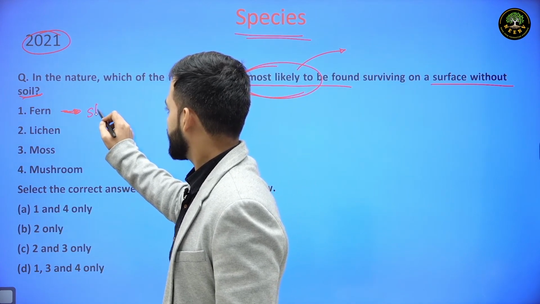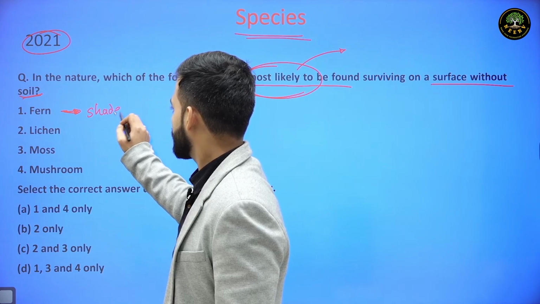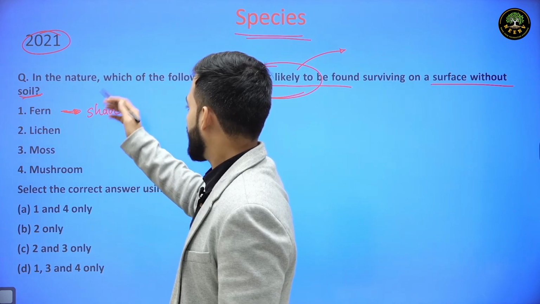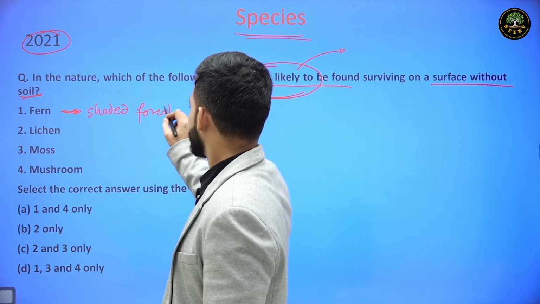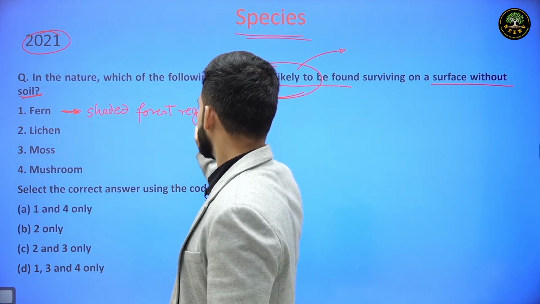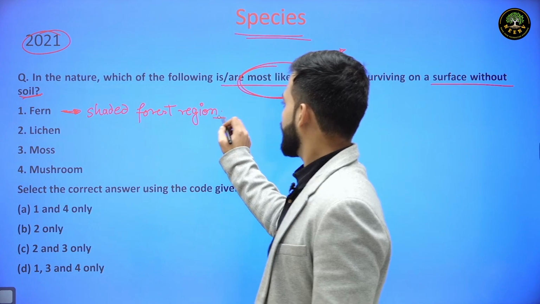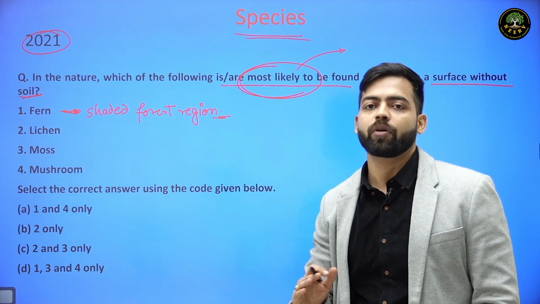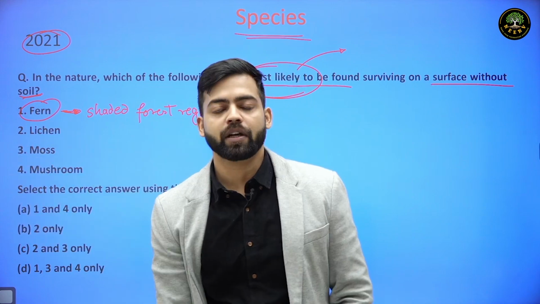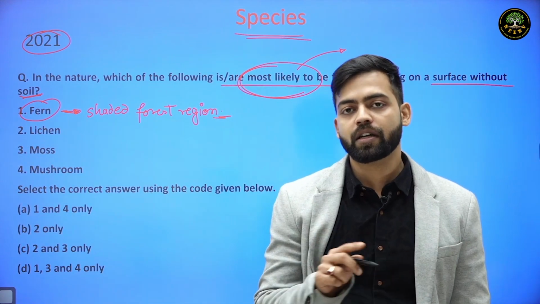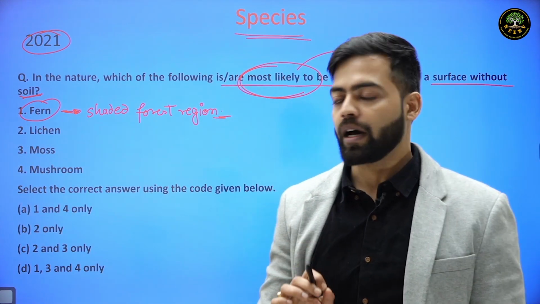So in most likely cases they are found in surface without soil, whereas if we see ferns, for example, ferns are basically trees grown in or plants grown in shaded forest region, in both temperate as well as tropical forests. So ferns can be found in both temperate and tropical forest, but in shaded region where sunlight is not up to the mark.